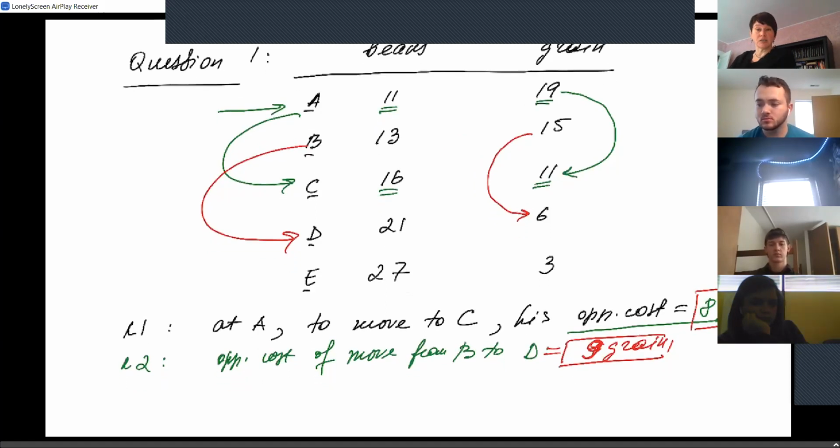Well, you know what? Let's do something harder. Here, light green. What is the opportunity cost of moving from E to C?